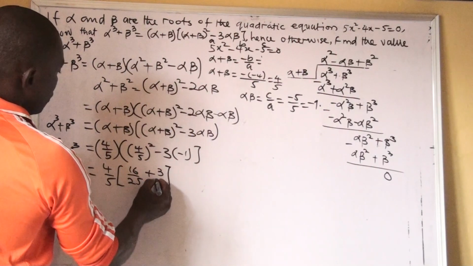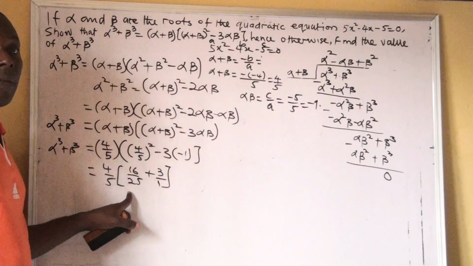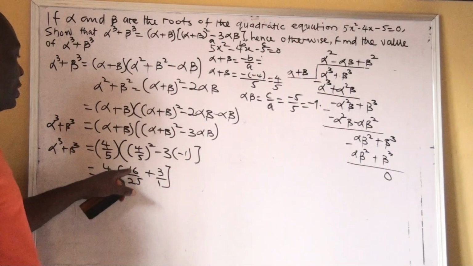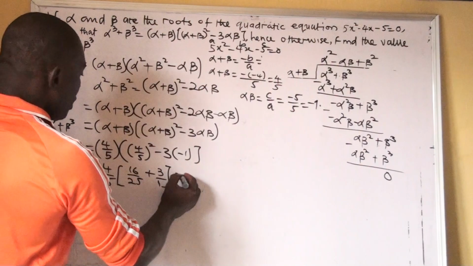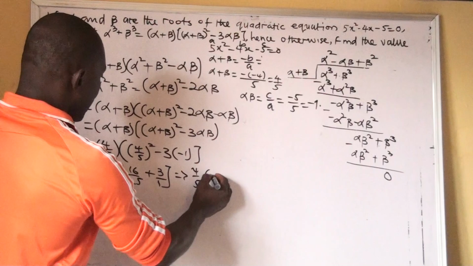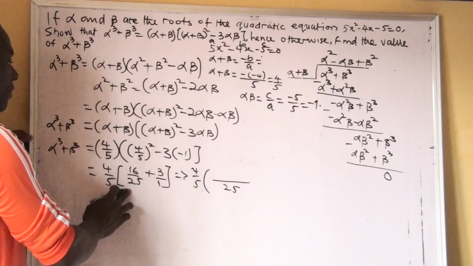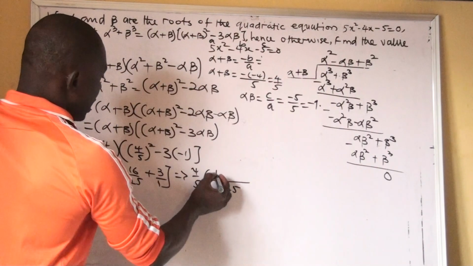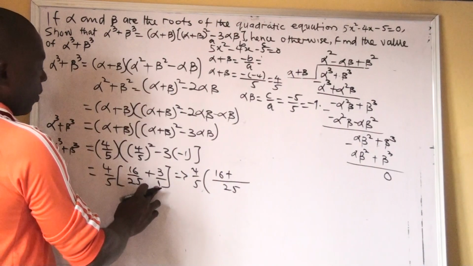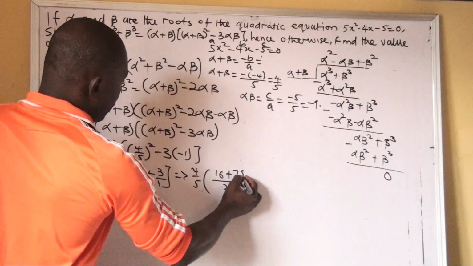Okay, so here we have a fraction. The LCM is 25. 25 divided by 25 is 1, 1 times 16 is 16. Addition sign. 25 divided by 1 is 25, and 25 times 3 will give us 75.